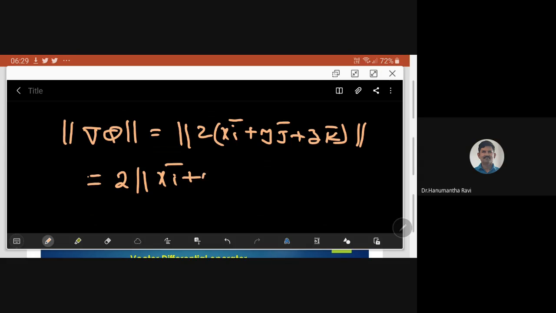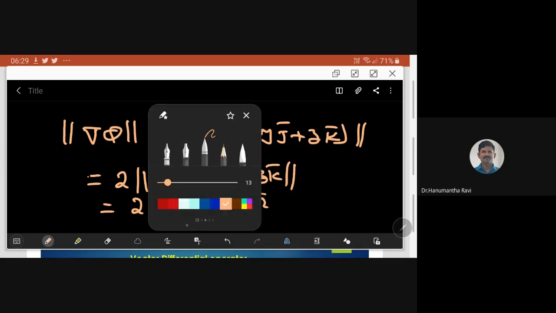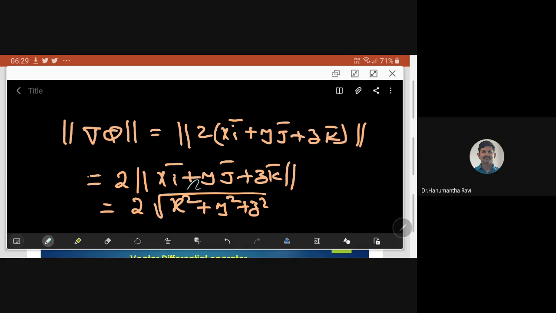So the length is the square root of x square plus y square plus z square, the sum of squares of the coefficients of i bar, j bar, k bar.